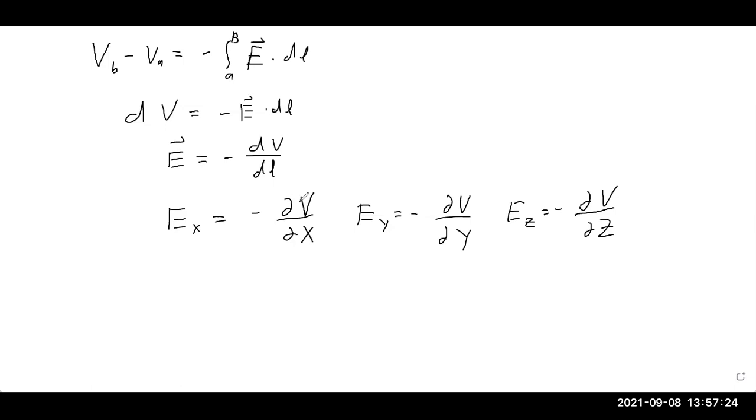This does help tie us back to the idea of it only being differences in electrical potential that matter, because if we increased the electrical potential everywhere uniformly across space, said everything that we used to call 0 volts, we're now calling 1 volt.